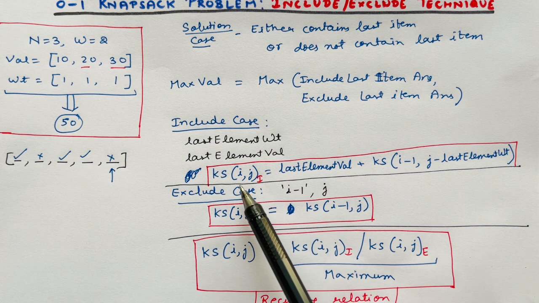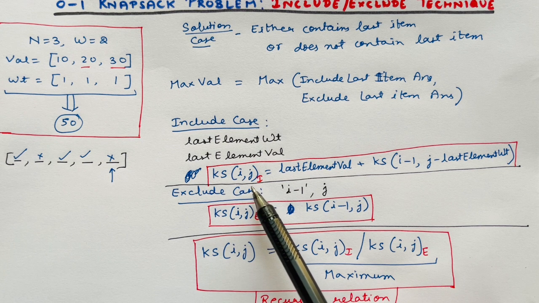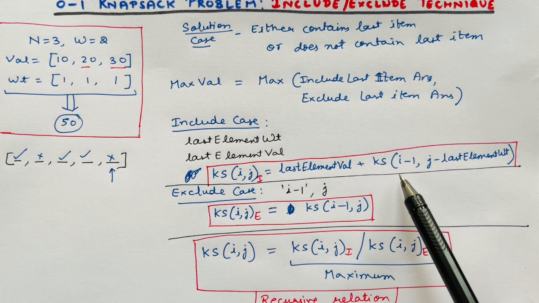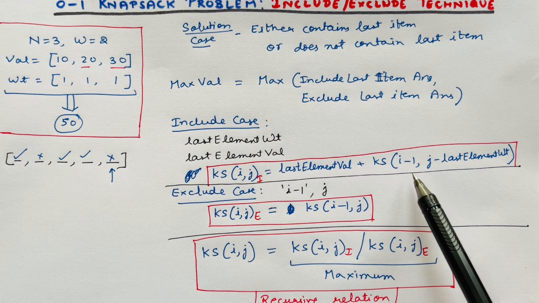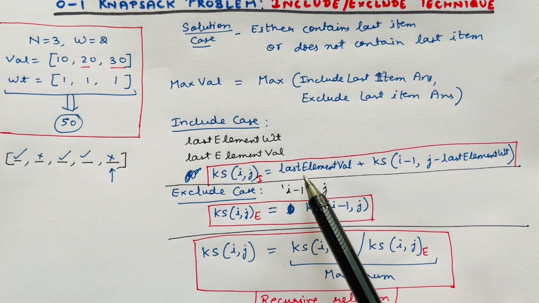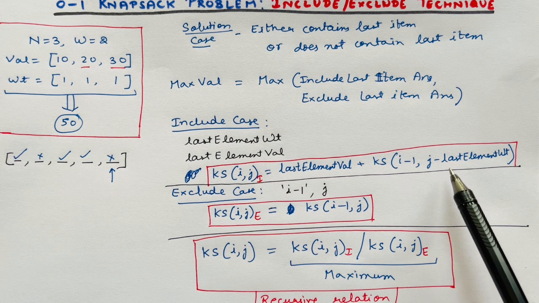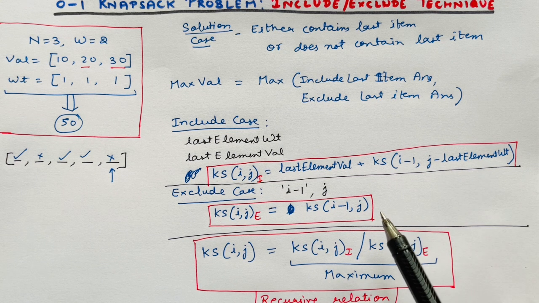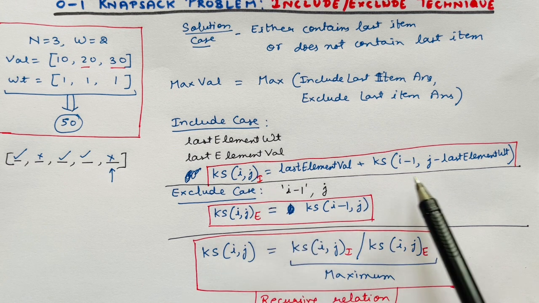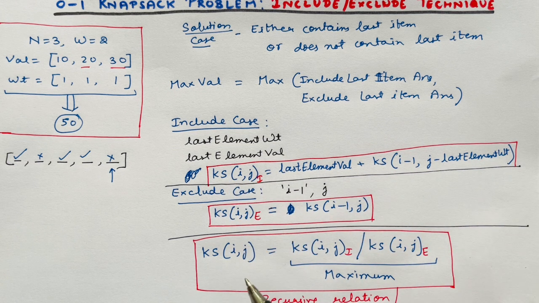If we were considering our original problem with I elements and J capacity, the remaining elements became the first I minus 1 elements only, because the last element is already taken. And the remaining capacity became J minus the weight of the last element. So this became the answer for our include case.